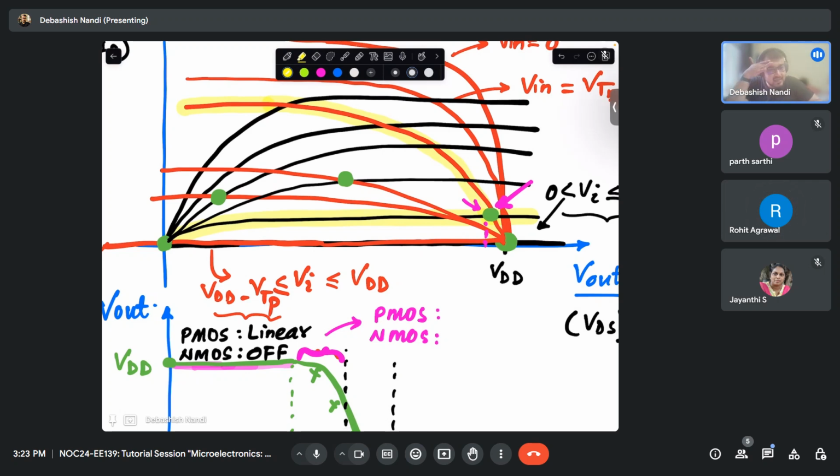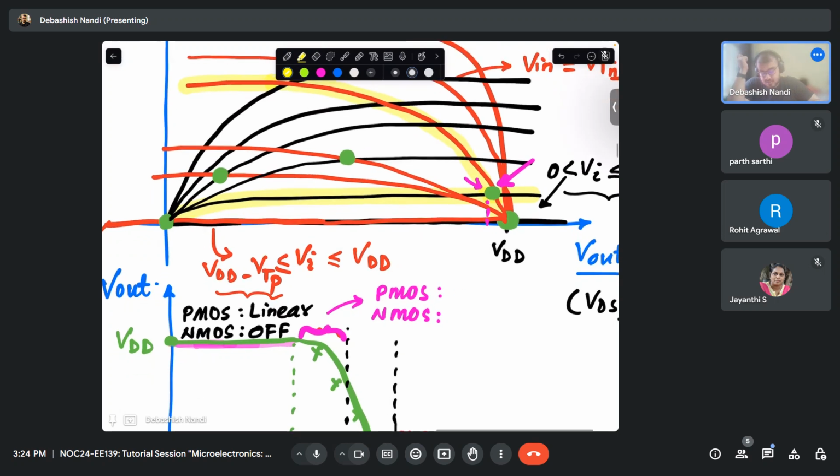So which region is this point of NMOS? Saturation. So NMOS is in saturation, okay? And what about PMOS? Look only at this yellow highlighted red curve. It is in the linear region, right?